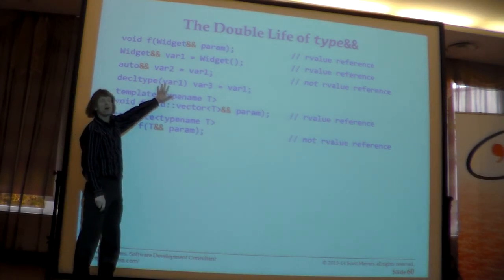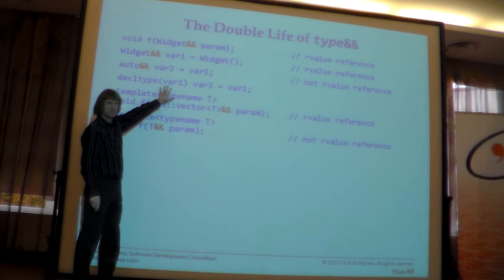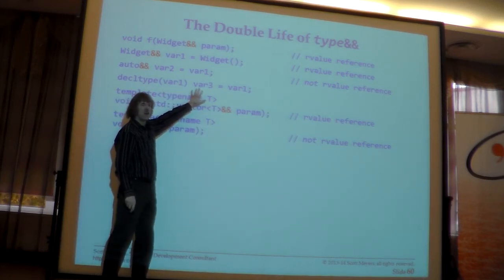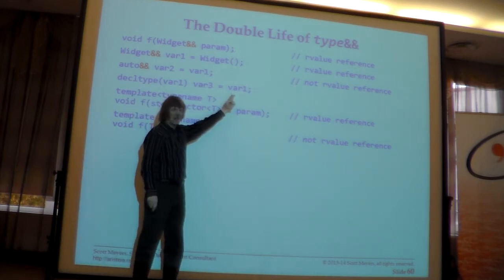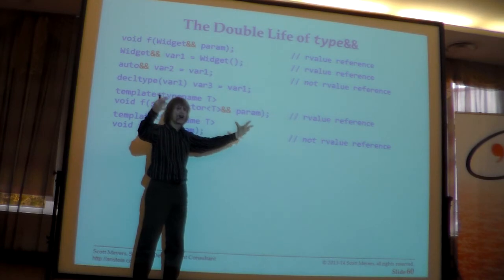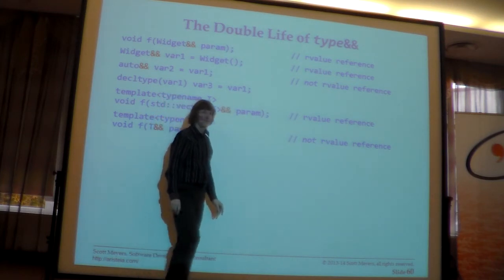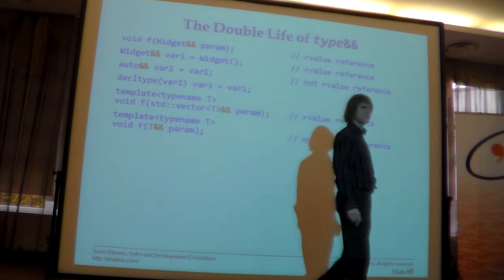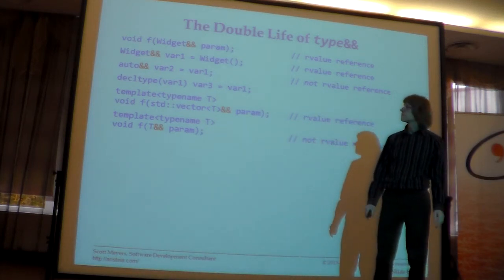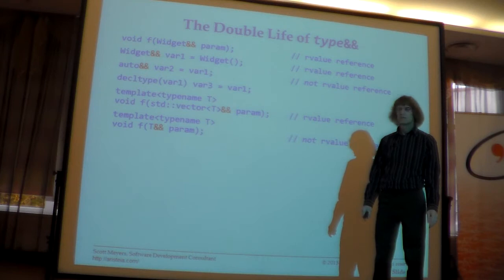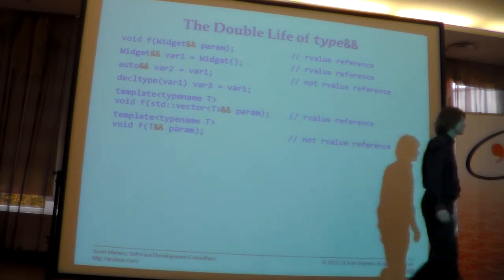So the decltype of var1 will be an R-value reference to a Widget, which means var3 will be an R-value reference to a Widget. And I'm trying to initialize it with an L-value, var1, and the code will not compile, because I am attempting to initialize an R-value reference variable with an L-value. And you cannot bind L-values to R-value reference variables. The same would be if instead of decltype(var1), I would write Widget&& var3.